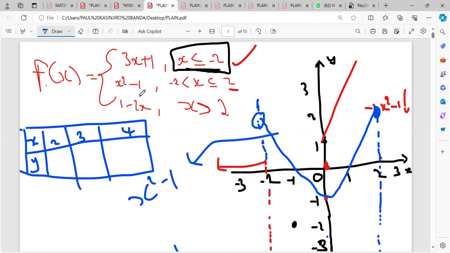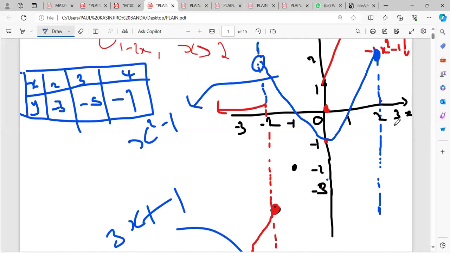If I put 2 where the x is, it will be 1 minus 2 multiplied by 2, which is minus 4. So 1 minus 4 will just be minus 3, right? Okay. And then if I put 3, it will be 2 multiplied by 3, which is minus 6. 1 minus 6 will be minus 5. And then if I put 4, it will be 2 multiplied by 4, which is minus 8, plus that one, this will just be minus 7.